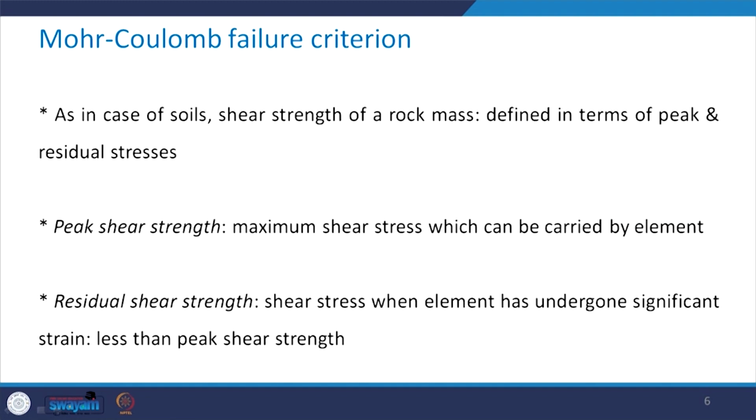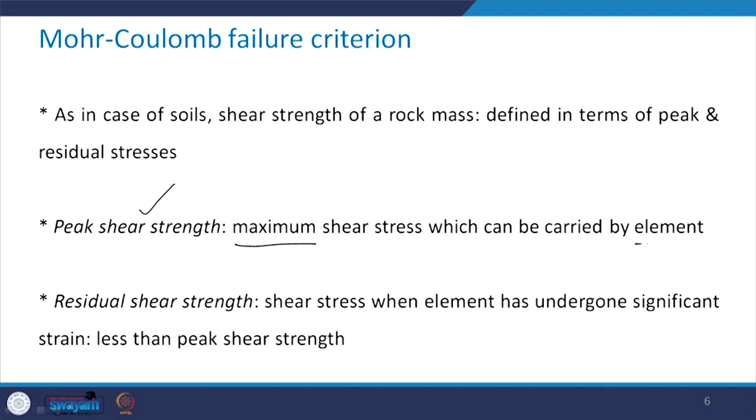As in the case of soils, the shear strength of the rock mass is defined in terms of peak and residual stresses. You all know that the peak shear strength is the maximum shear stress which can be carried by the element.